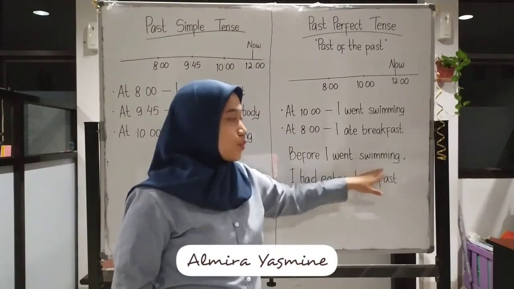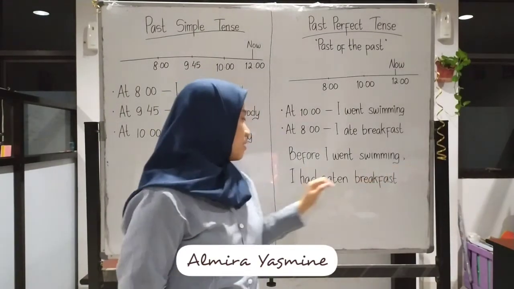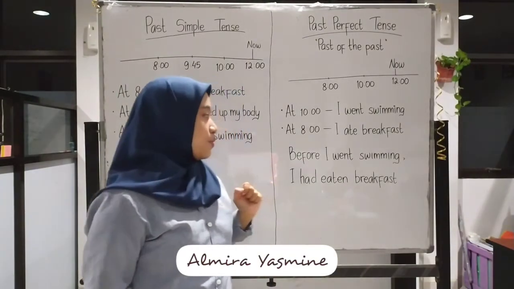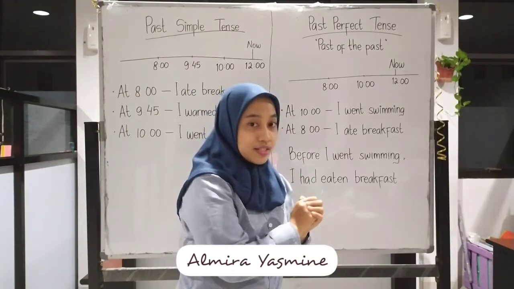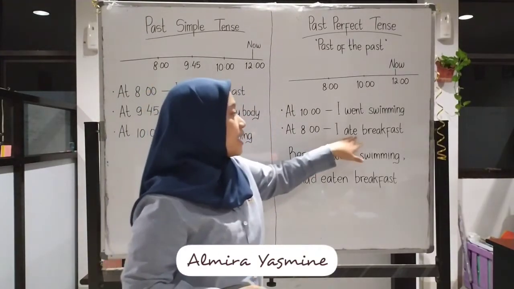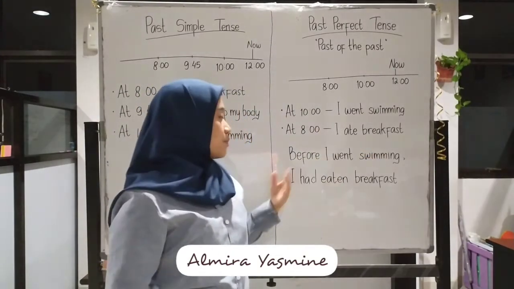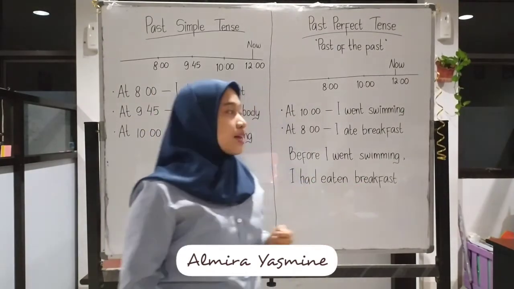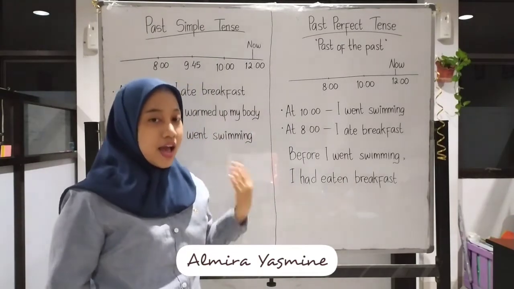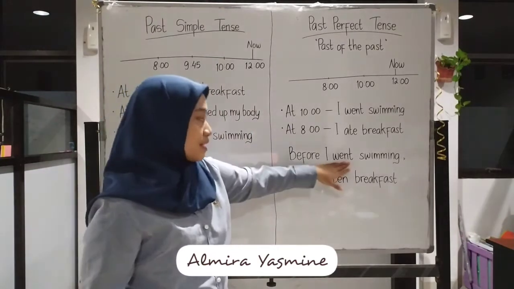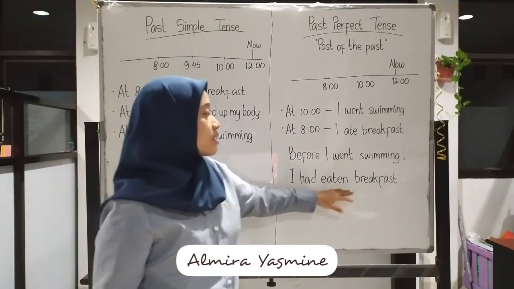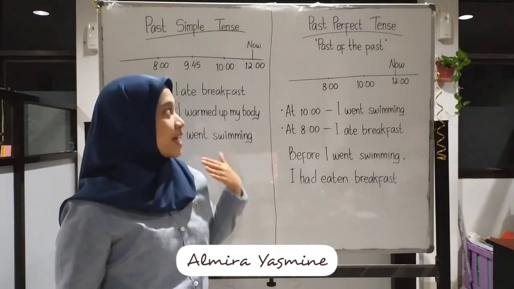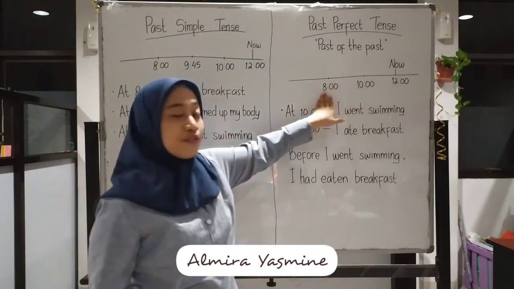Before I went swimming, I had eaten breakfast. You can see that "I ate breakfast" changes to "I had eaten breakfast". This activity had happened first, before this. And this is called the past perfect tense, or usually we can say "past of the past".